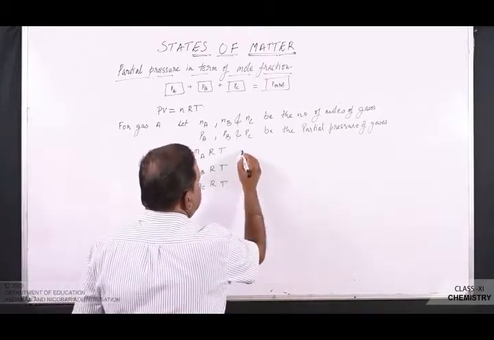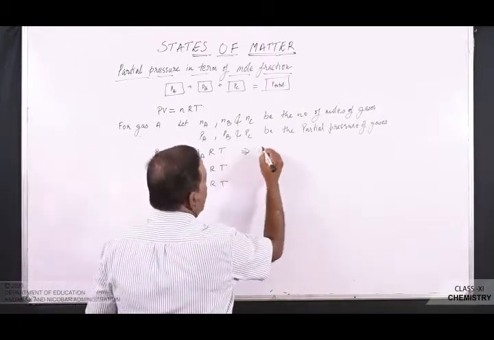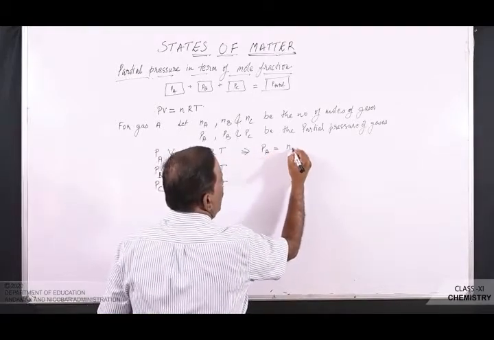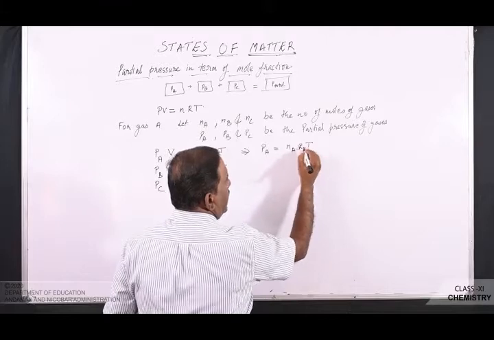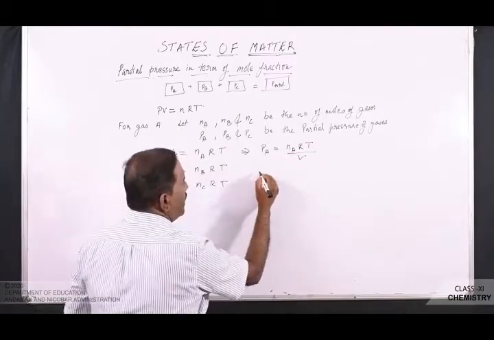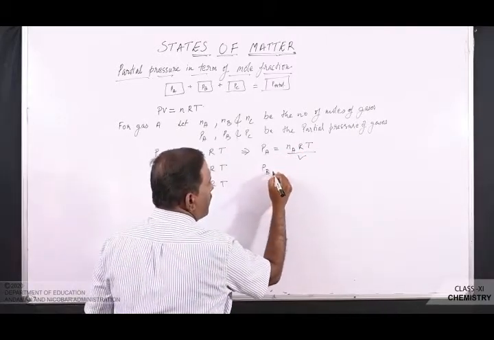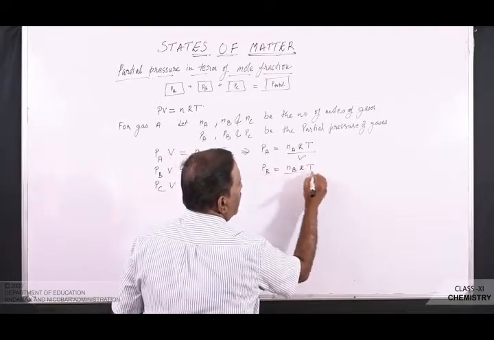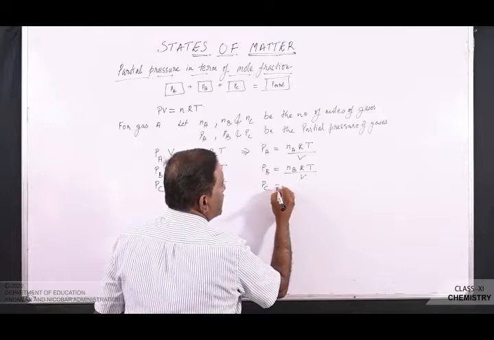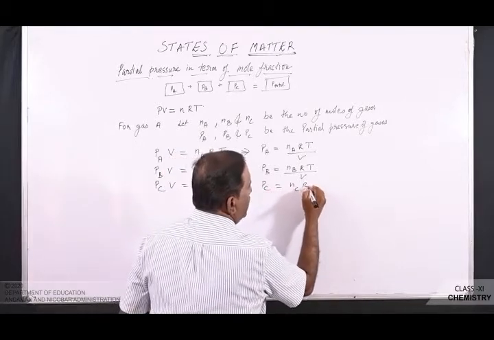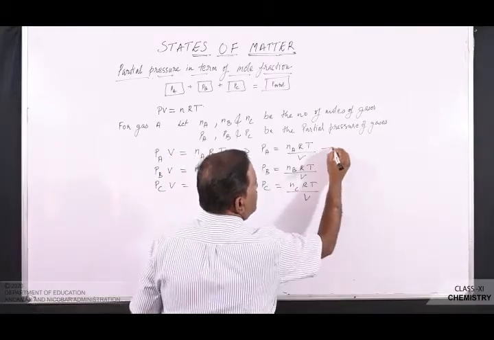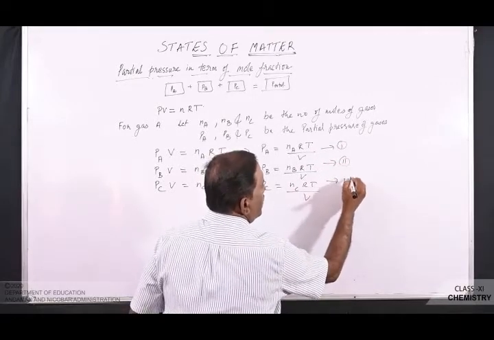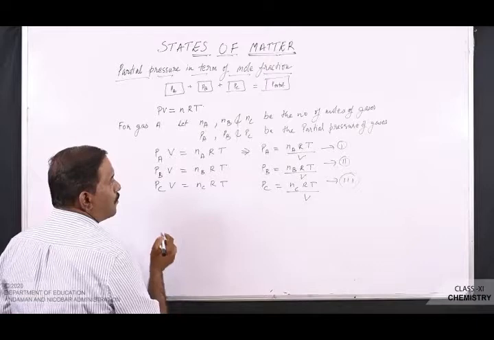This can further be written as Pa is equal to NaRT by V. Similarly, Pb is NbRT by V, and Pc is NcRT by V. This is equation 1, equation 2, equation 3.